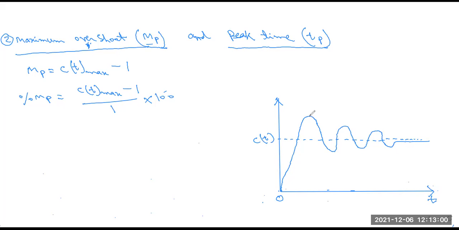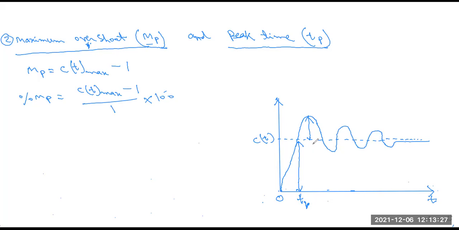Okay. So this position is called the maximum overshoot. And here you can see these positions, when 0 to 90% or 0 to 100%, this is basically called TR. We have discussed in number 1 that TR means rise time.